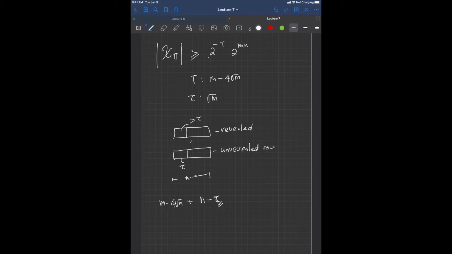So we don't want tau to be too large. So maybe a good idea is to set tau to be constant, but there is another opposing constraint on tau, where we want to say that tau cannot be too small either. So we'll see what that is. This constraint wants tau to be as small as possible, and we'll get another constraint which wants tau to be as large as possible.